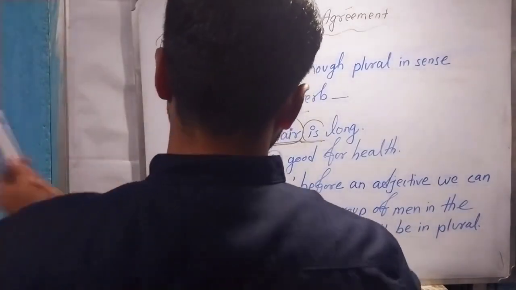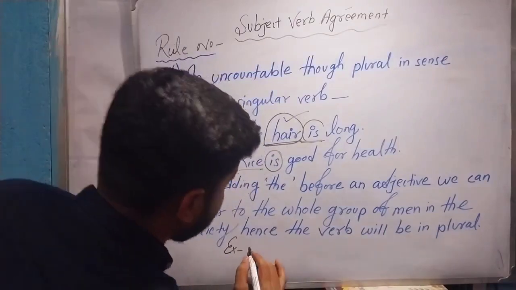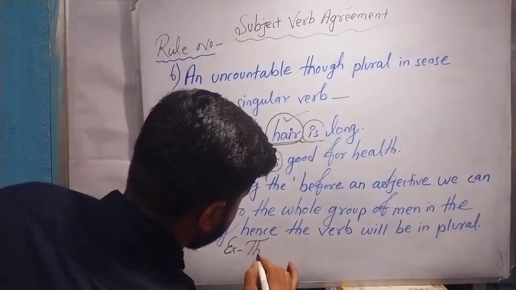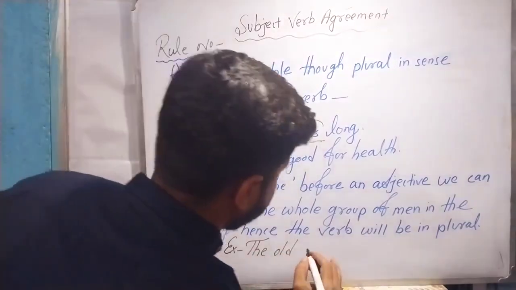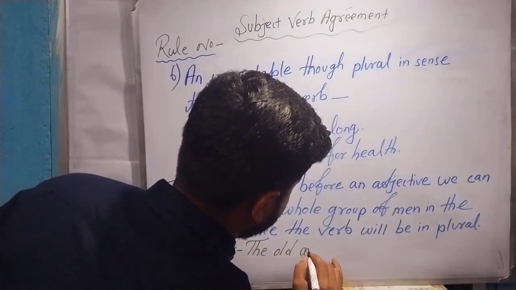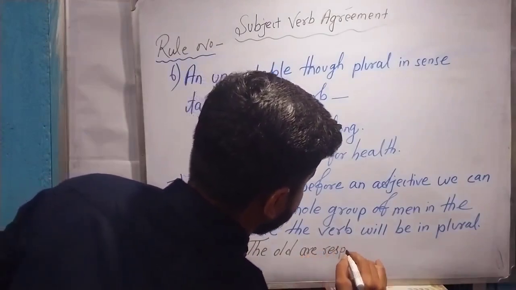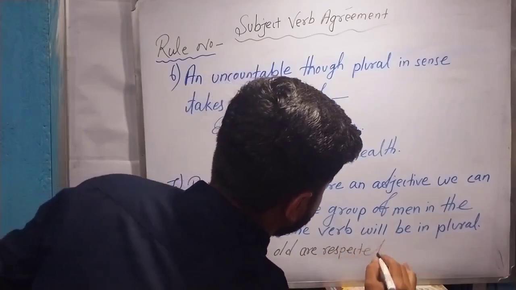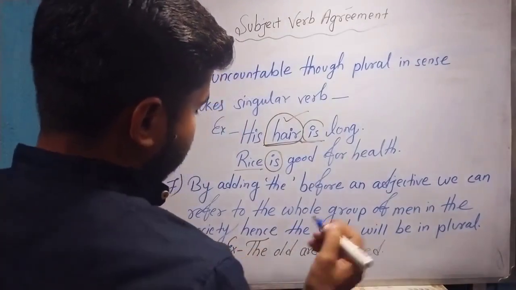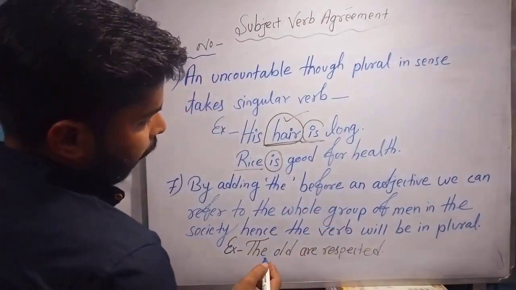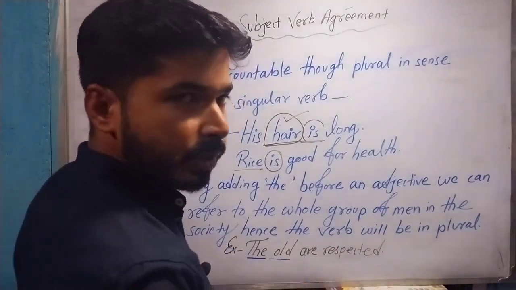For example, I can say: the old are respected. Here we have added the before an adjective, and the adjective is old.